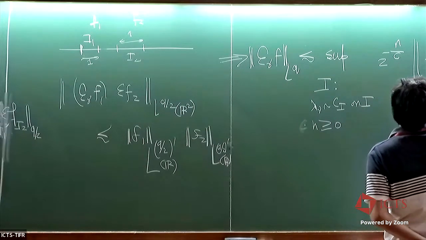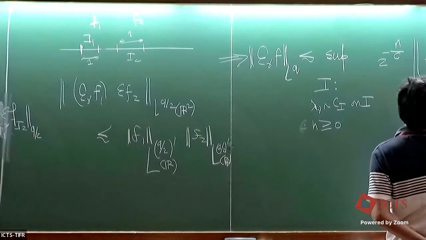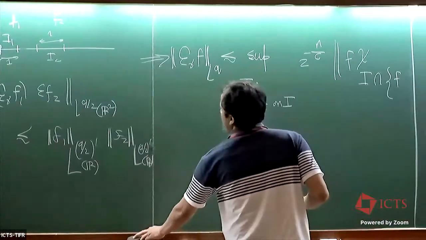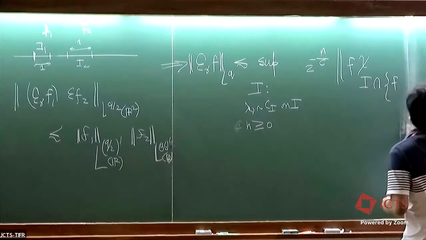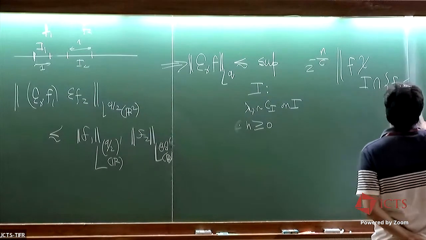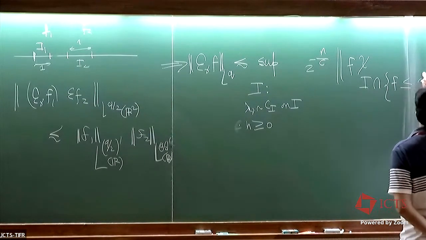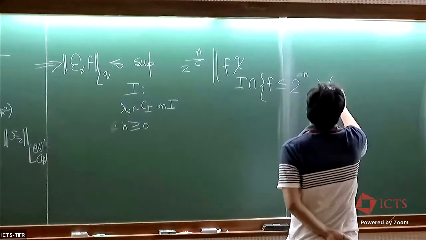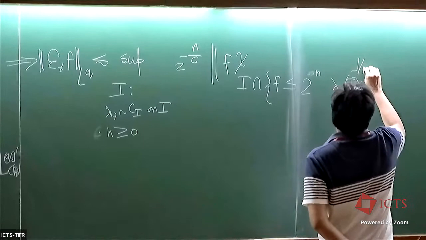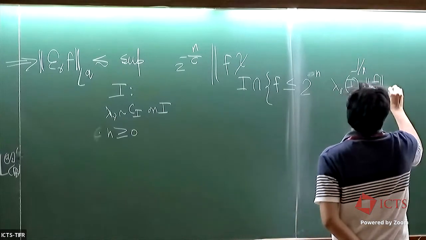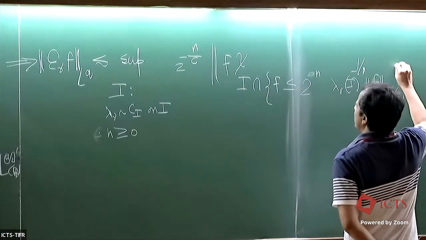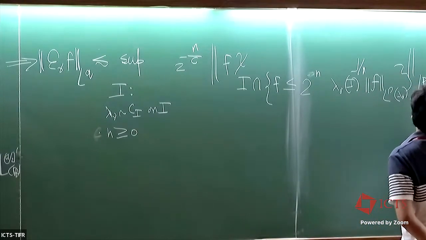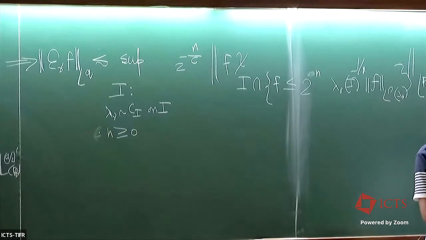If you restrict f to this interval, as a function of I, intersection f is at most 2 to the power minus n, 2 to the power n times lambda gamma of I to the power minus 1 over p times the L^p of lambda gamma norm of f.